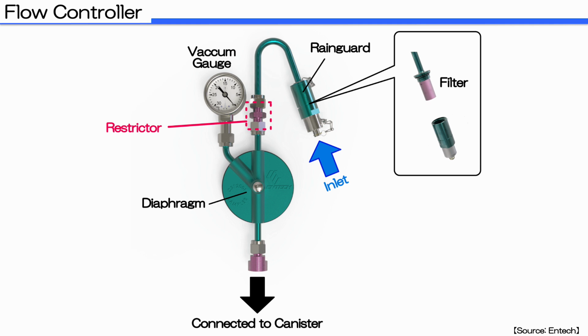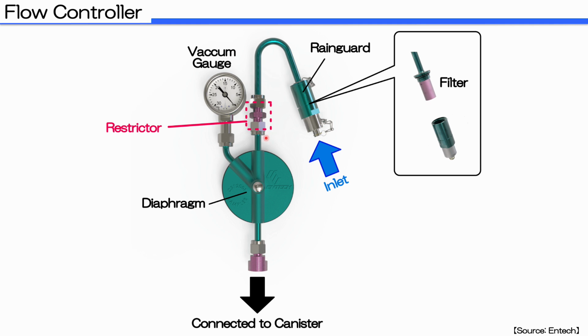Next is about flow controller. Typically, the inlet section has a filter to remove particles and a rain guard to prevent raindrops. This filter is important because particles can absorb VOC, so it is important to cut them out and not let them penetrate into the canister.